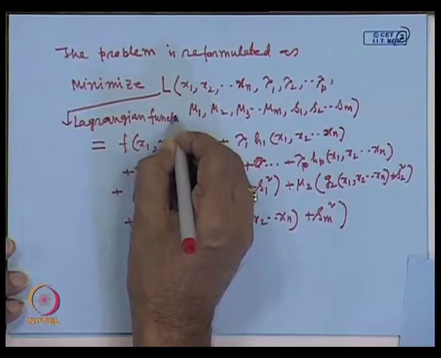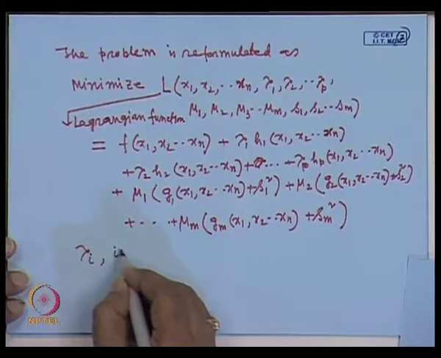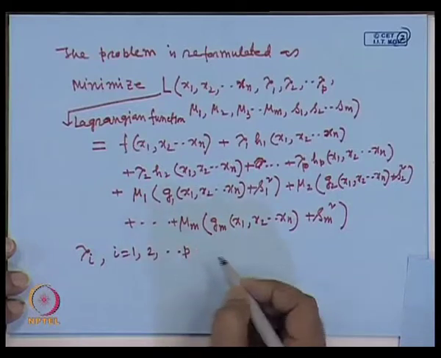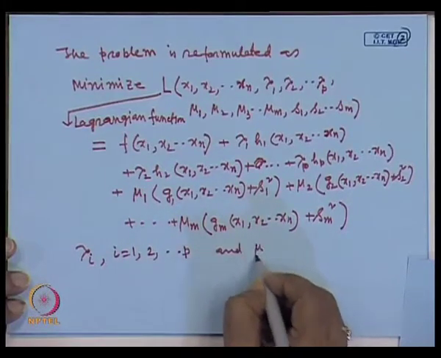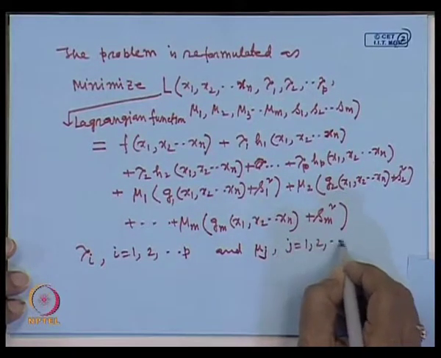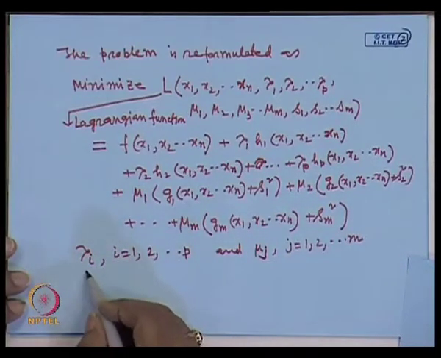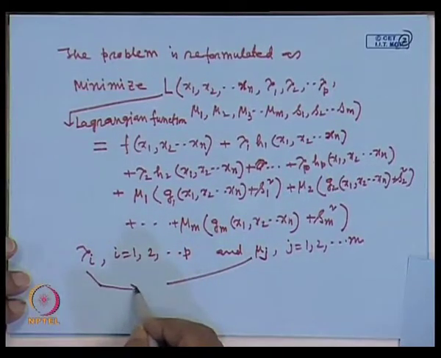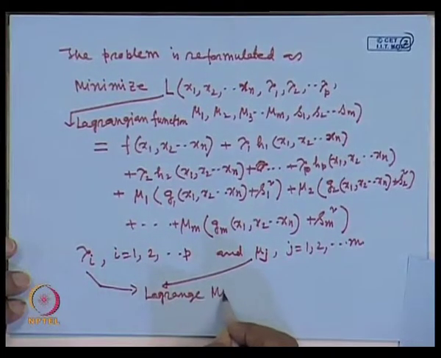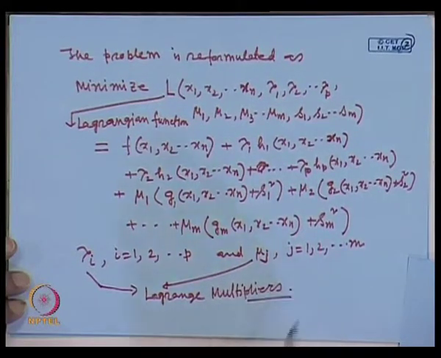The new objective function is known as the Lagrangian function, and lambda i, where i is equal to 1 to p, and mu j, where j is equal to 1 to m, are called the Lagrange multipliers.